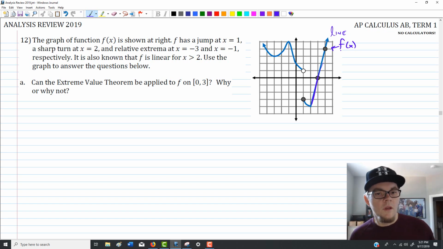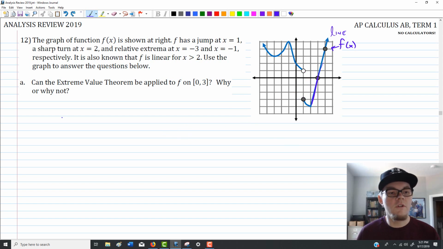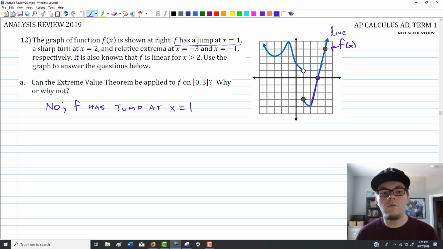So looking at our first question, can the extreme value theorem be applied to f on 0 to 3? So in other words, we're looking at the closed interval from here to here. Well, unfortunately, the jump's in the middle. So the answer here is no. Notice it literally says there's a jump at x equals 1.